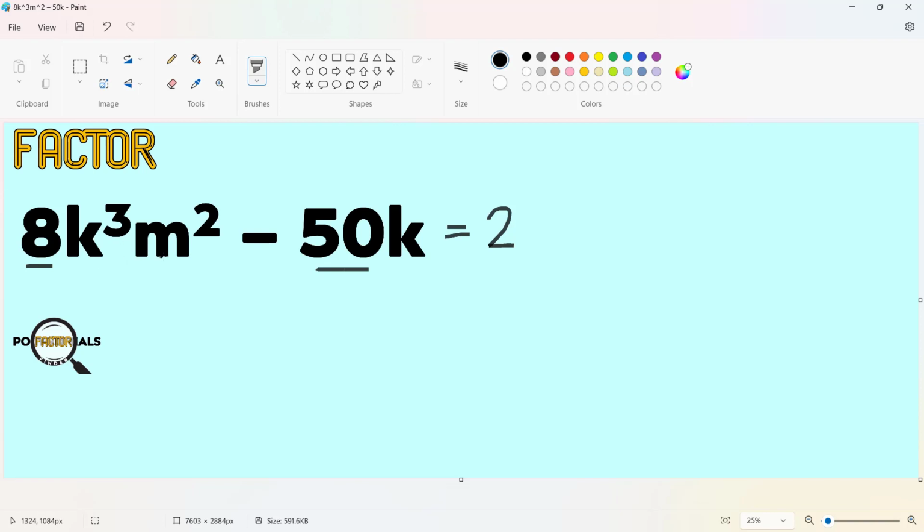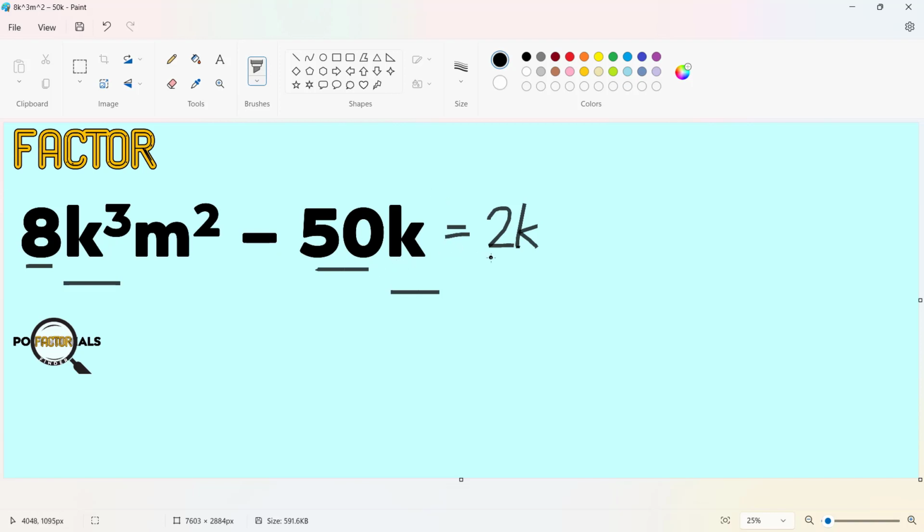For our literal coefficients, simply look at the common variables. Here we have m squared, but the second term doesn't have an m, so let's focus on k. The first term has k cubed, the second term has k. So the common factor here is simply k, not k cubed, because k cubed can be written as k squared times k, but our second term only has k.